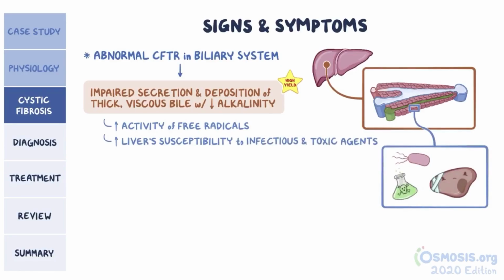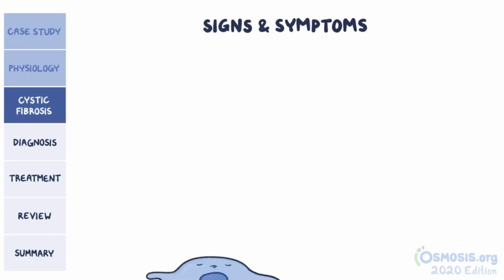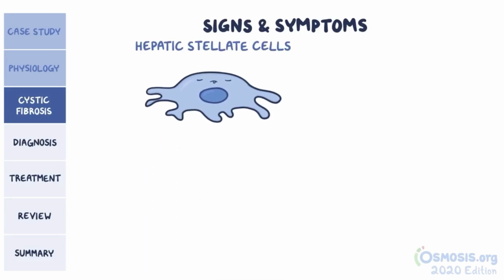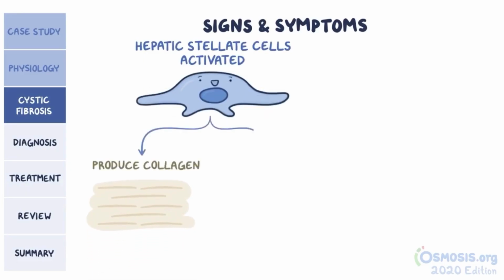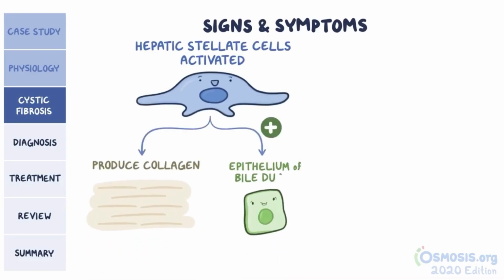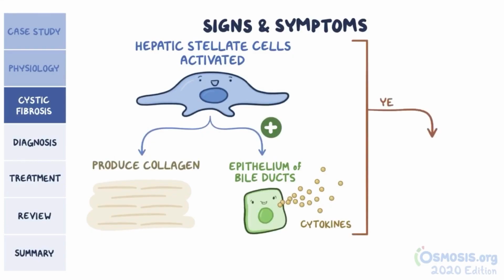In addition, the thick biliary secretion can also obstruct the small bile ducts, damaging the liver and biliary tract even more. In time, hepatic stellate cells, the main culprits of hepatic fibrosis, are activated and start to produce collagen, as well as stimulating the epithelium of bile ducts to release cytokines, which accelerates the fibrotic process. This process, over a number of years, leads to the development of biliary cirrhosis.